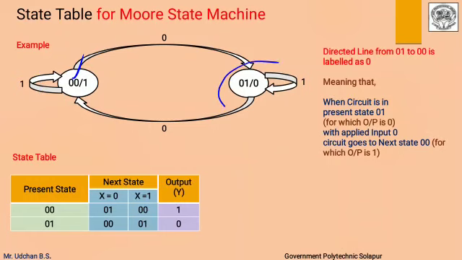Similarly, this can be read as the circuit is in present state 01. When we apply logic 1 input, then the circuit remains in that state only, that is 01, it will not change, and output for that state is 0. This is how we can read or write the state table for the Moore state machine.